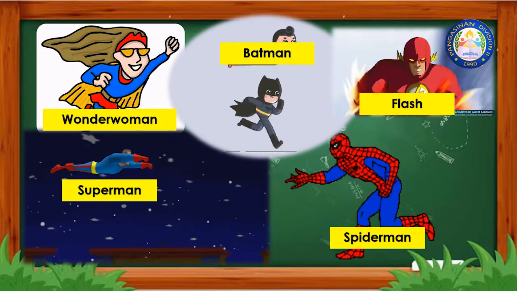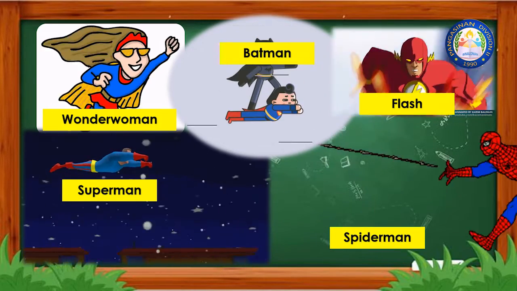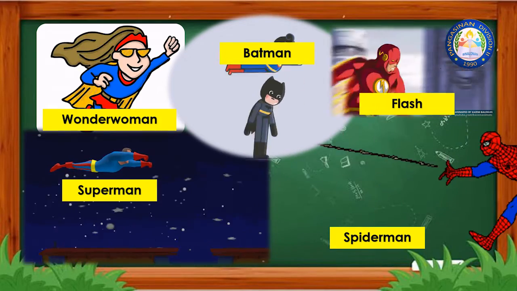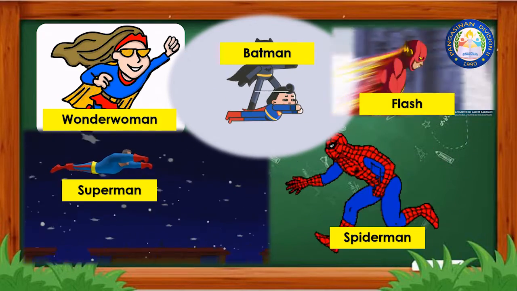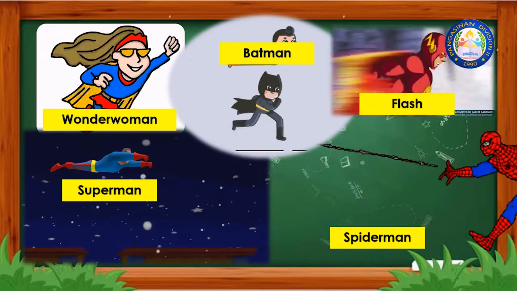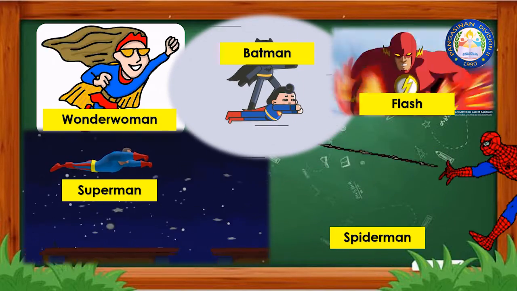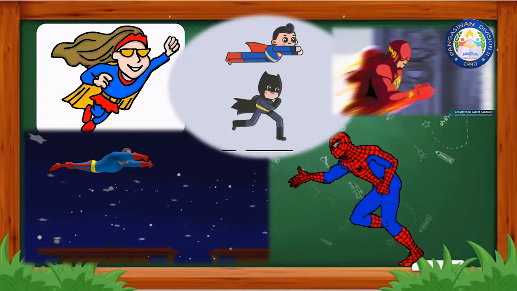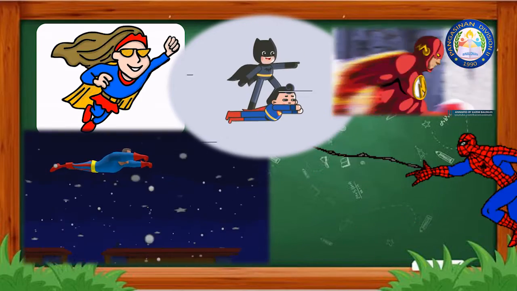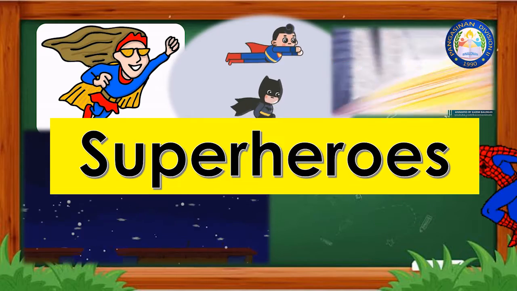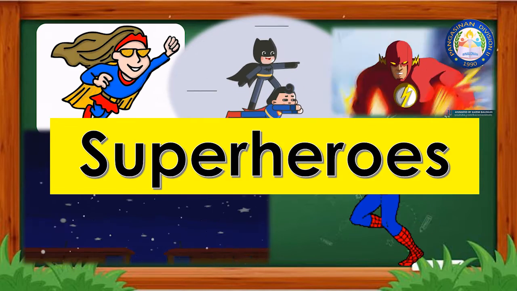And the last one is Spider-Man. Very good. Now, what do we call them? What is the general name that we should associate with them? Anyone from the class? Okay, you are correct. We call them superheroes. Very good.